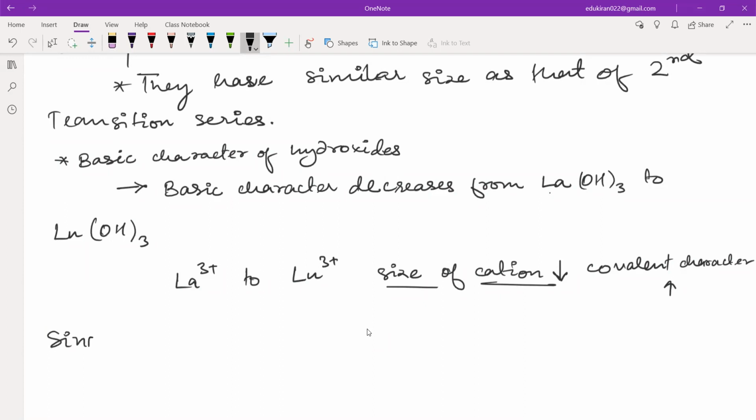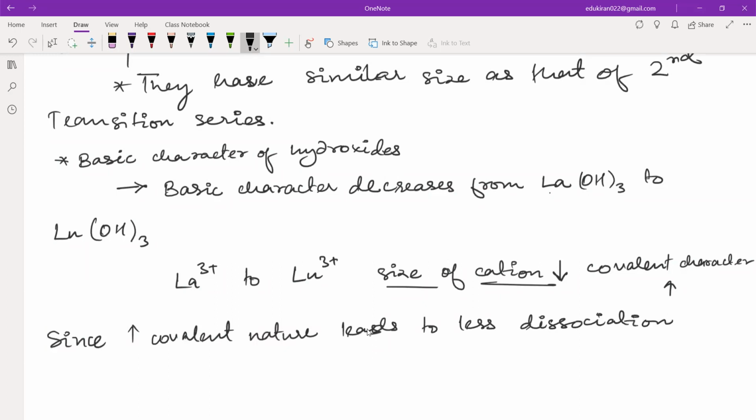Okay, since there is an increase in covalent character, covalent nature leads to less dissociation of ions.